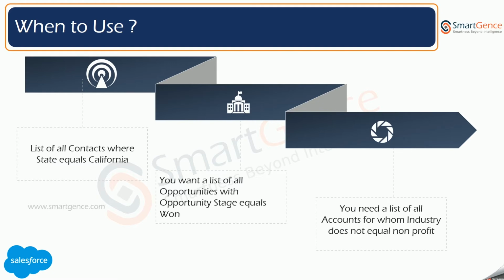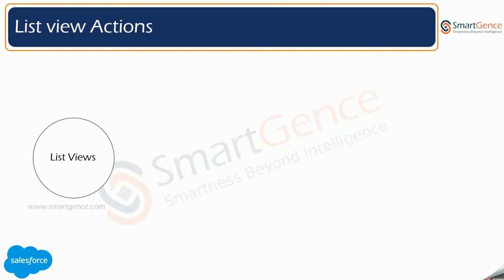And let's say we need a list of all the accounts where the industry is not equal to non-profit but is equal to the other values. In all these examples, we can create a new list view which would retrieve the data specific to the filters defined over here.